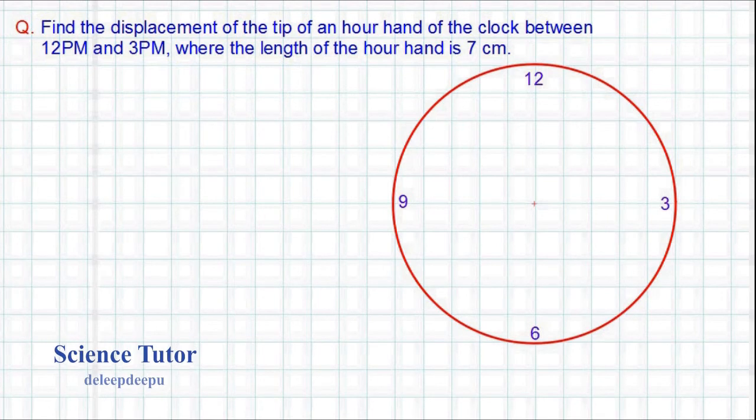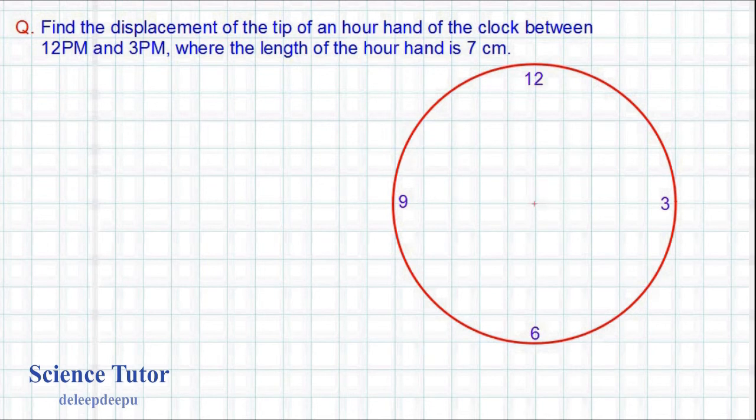Find the displacement of the tip of an hour hand of the clock between 12 p.m. and 3 p.m. when the length of the hour hand is 7 centimeters. Let it be the hour hand. Now we can slowly move this hour hand towards 3. Now 12 to 3, the movement. You can see that the angle is gradually increasing.